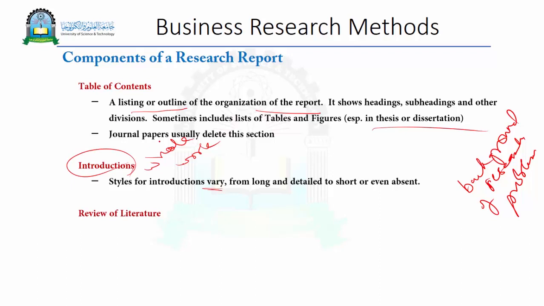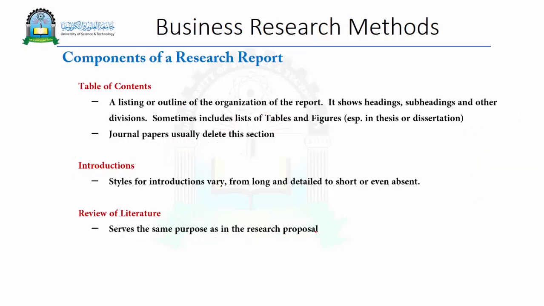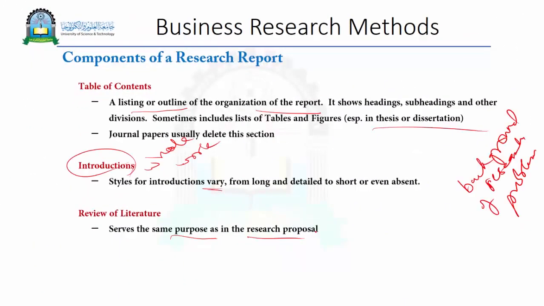The second is the review of literature. We talked about this in previous sessions as a process and as a procedure in the research. But here we will talk about it as a part of the research report. So it serves the same purpose as in the research proposal, which is to show the research gap.